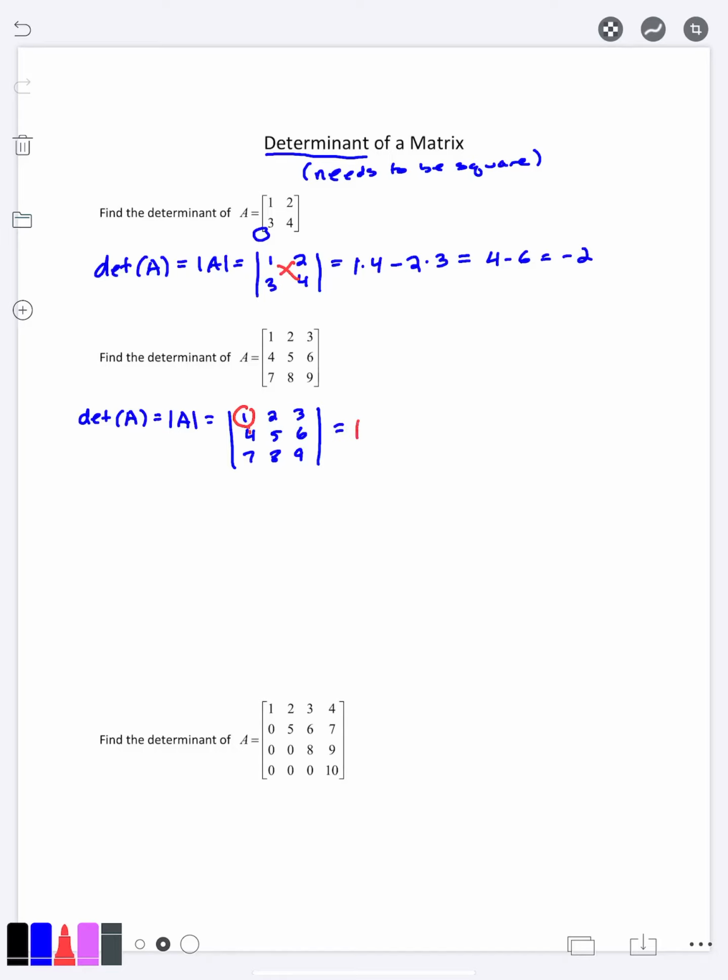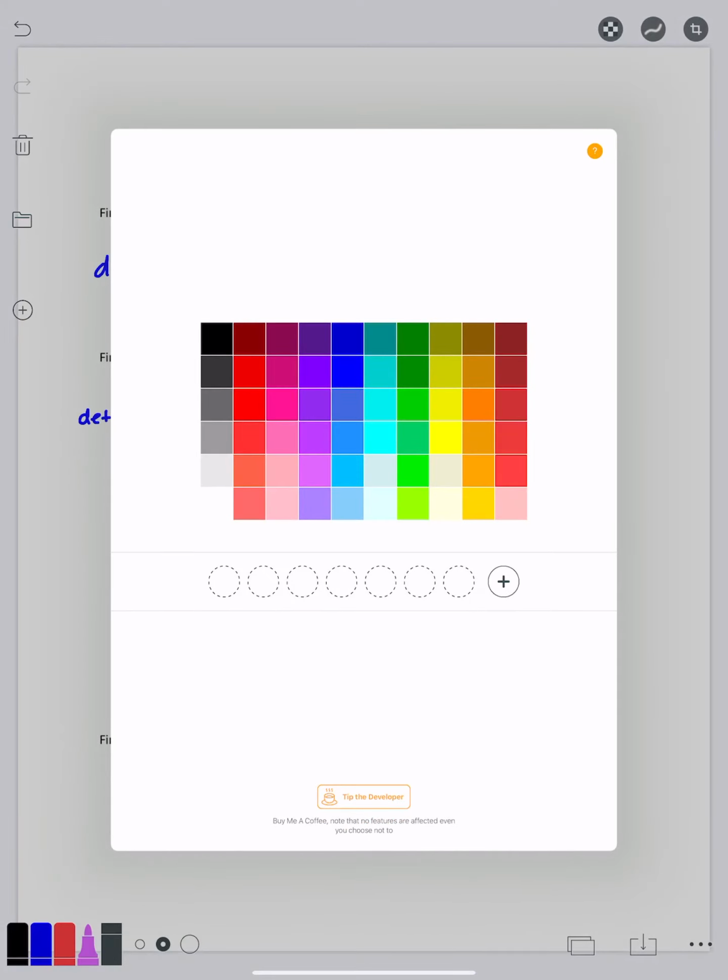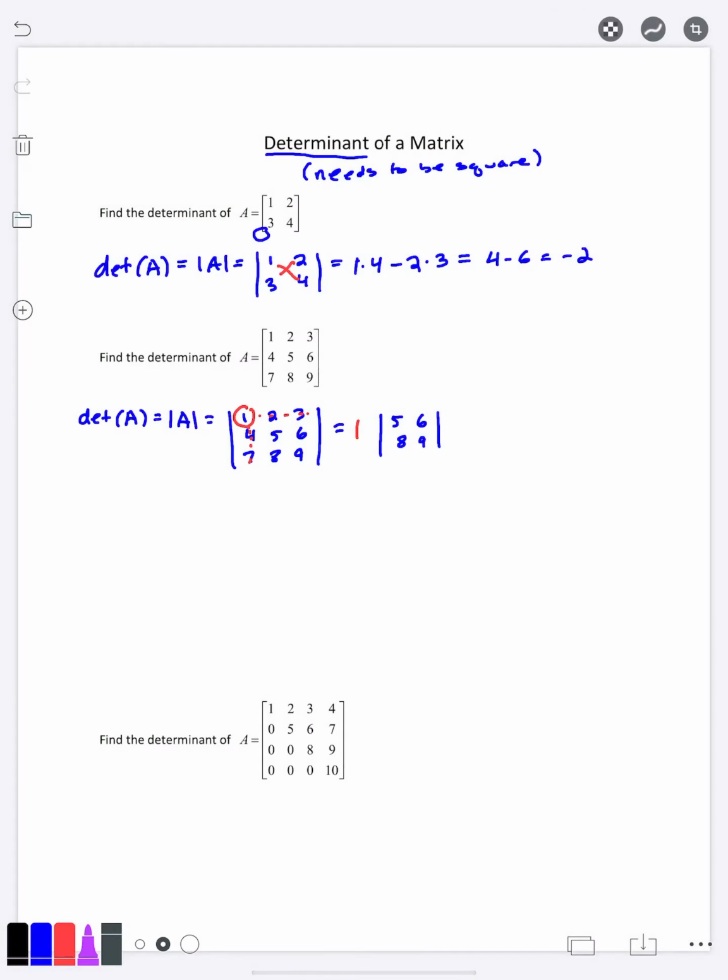Then you pretend that the first row and column are gone, and you're left with a 2 by 2 determinant with just those numbers. Then you look at the next number in the first row and write that down. You erase that row and that column, and the remaining numbers would be 4, 6, 7, 9.